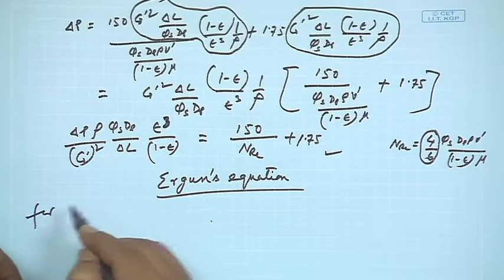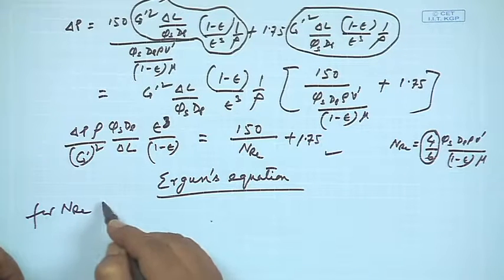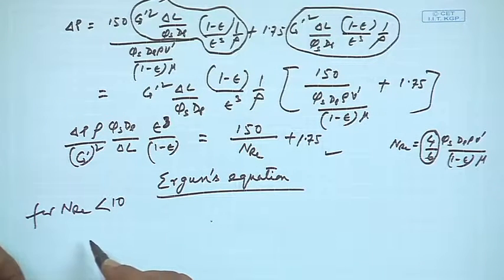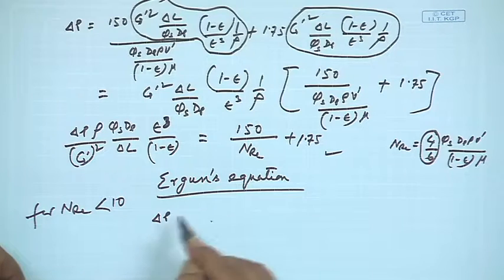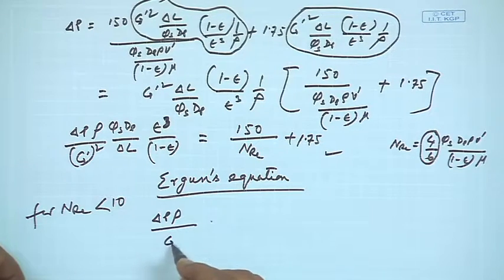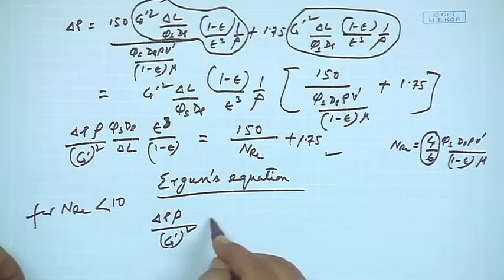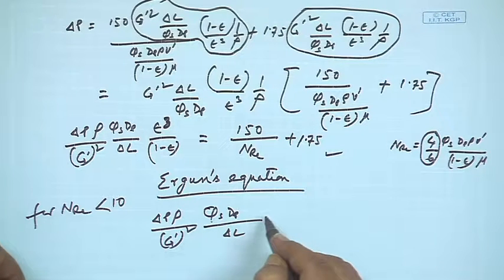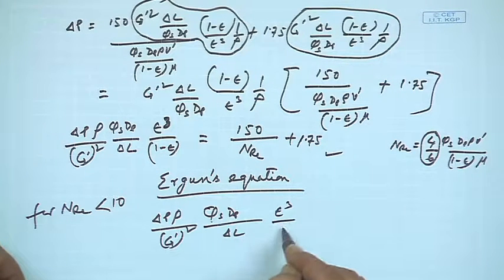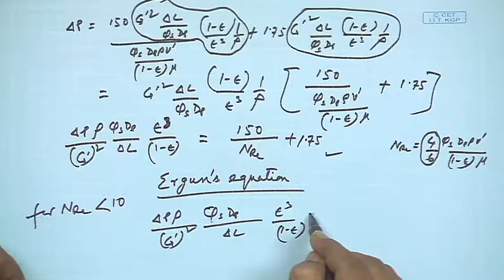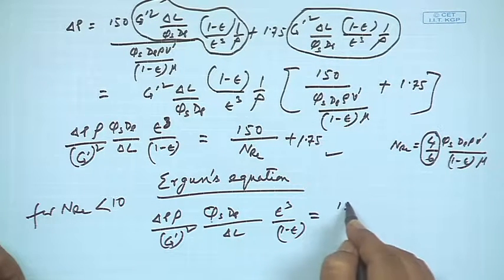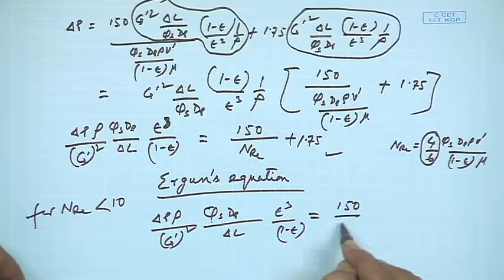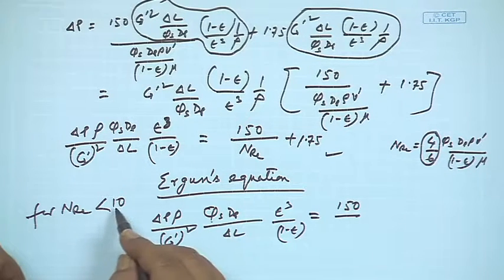So, we write for NRE less than 10, delta p rho by g prime square into phi s dp over delta L, epsilon cube over 1 minus epsilon. This can be written as 150 over 10 plus 1.75, if it is less than 10, maximum 10.